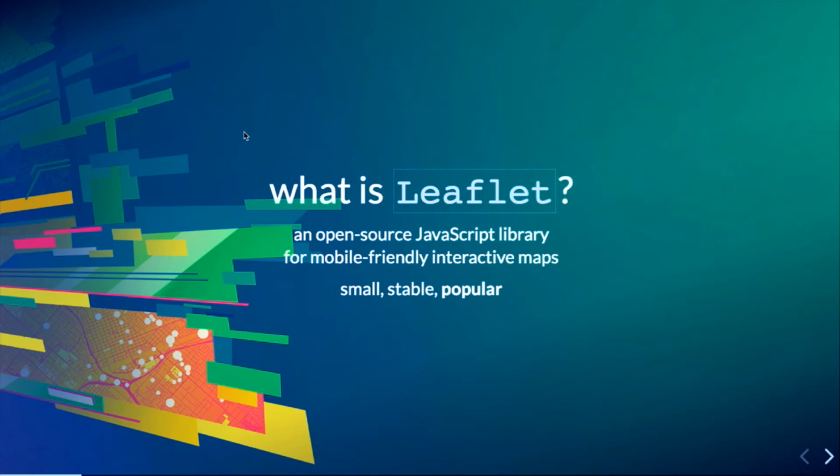It hasn't changed much, so once you learn it, you don't have to go back and relearn it a year or two later. And just by virtue of being popular, that makes it more popular going forward, because you can go on Stack Overflow or start Googling and asking a question and see an answer because somebody else was already using it. So there's a bit of a force multiplier, or I don't know what you'd call it, that helps Leaflet.